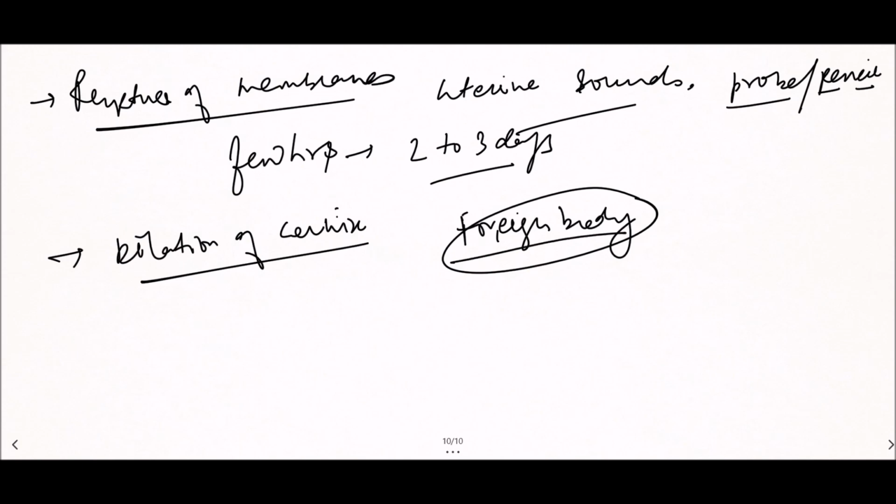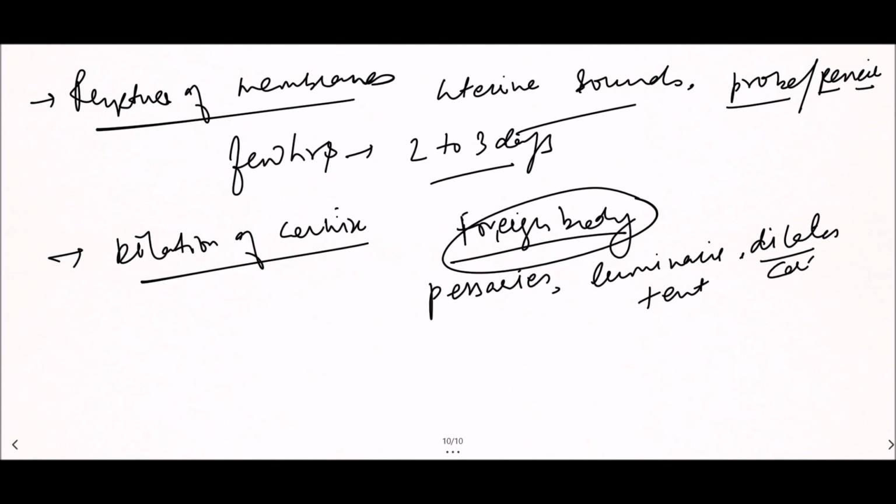The foreign body can be pessaries or laminaria tent. They dilate the cervix and irritate the uterine mucosa and produce marked congestion and contraction with expulsion of the fetus. So these are various foreign bodies that can be introduced and which are responsible for dilatation of the cervix.